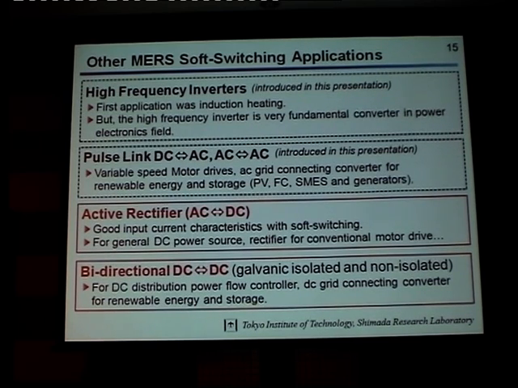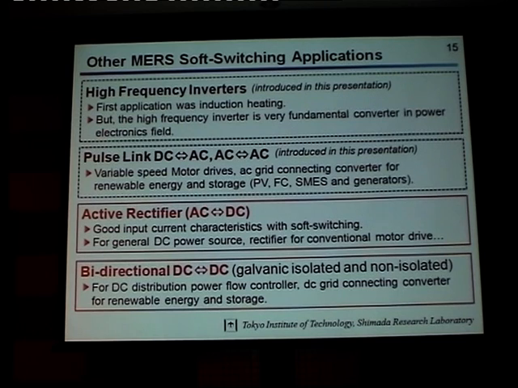Additionally, I will skip other fields of these applications. One is the active rectifier, mainly AC to DC. This can be applied for general DC power sources, like a rectifier for conventional motor drives or many other electrical equipment. The advantage is good input current characteristics with soft switching.